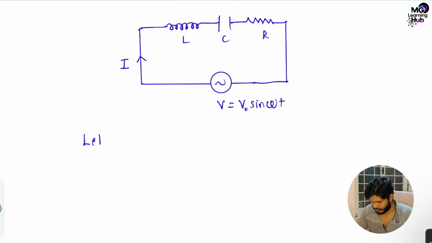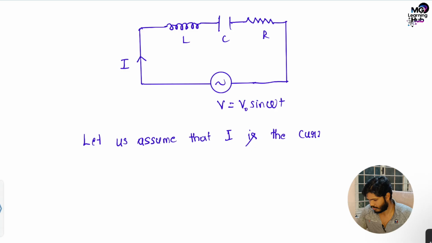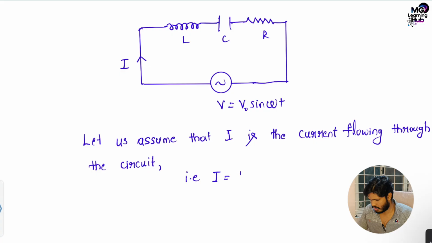Let us assume that I is the current flowing through the circuit. That is, I is equal to I naught sin omega t plus phi.